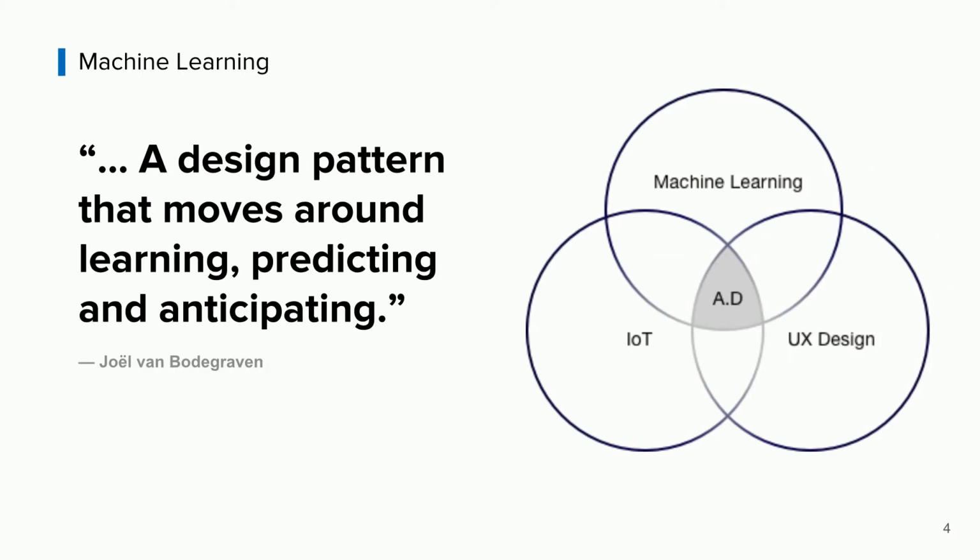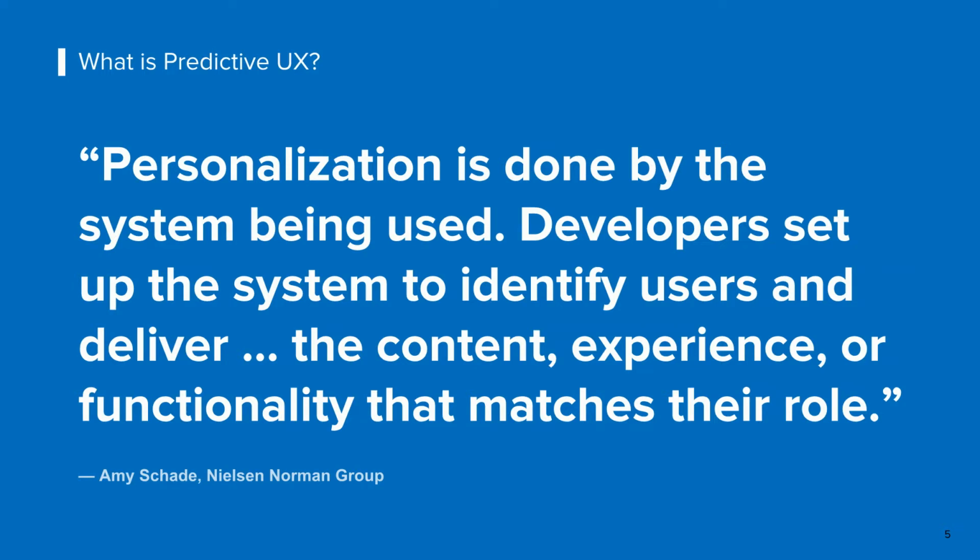When we're talking about predictive UX, we should probably start with personalization, which I know is a pretty big buzzword right now, especially in the marketing industry. It's a really exciting concept. If you're not familiar with it, it's dynamic content that can adapt to different users on the site. But right now, it doesn't use machine learning to do that. It's a lot of manual work, but it is using data.